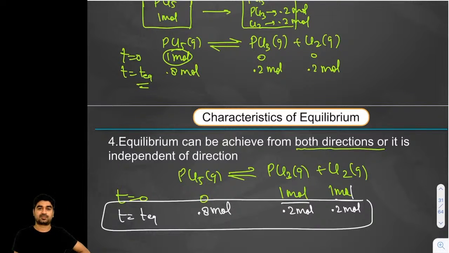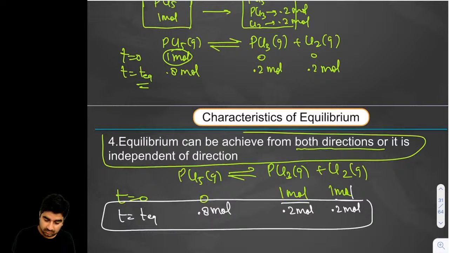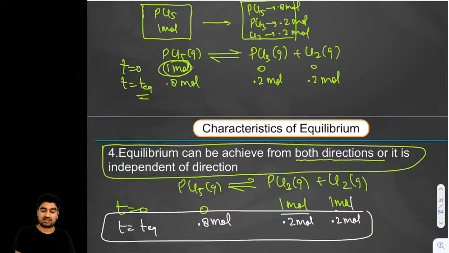Got it guys? So equilibrium can be achieved from both directions. If you take PCl5 in the container, then you will get all three gases.